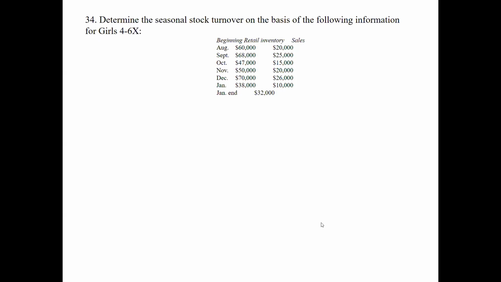So to calculate your average retail stock, you're going to take all these BOMs plus your EOM divided by 7, which will give you your average stock.